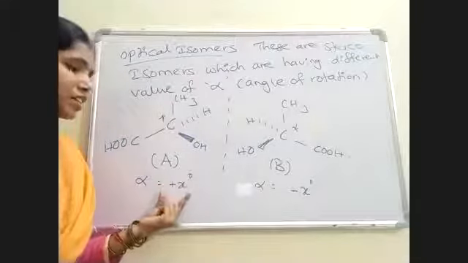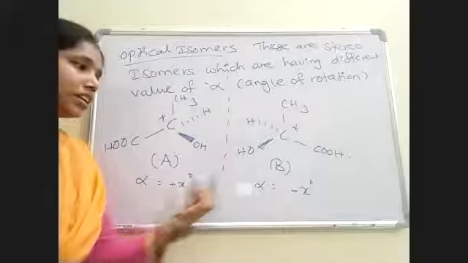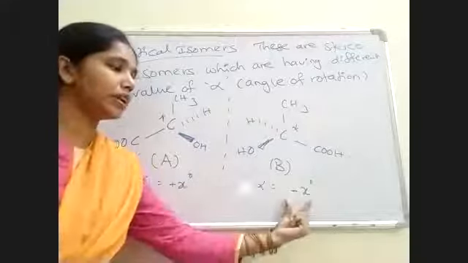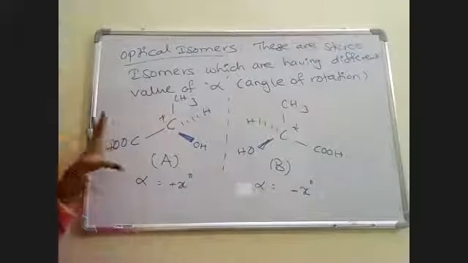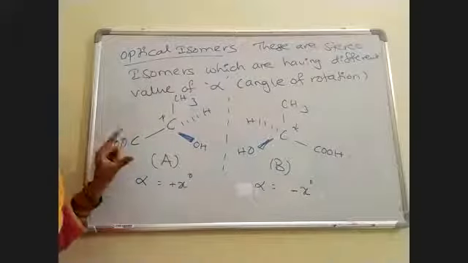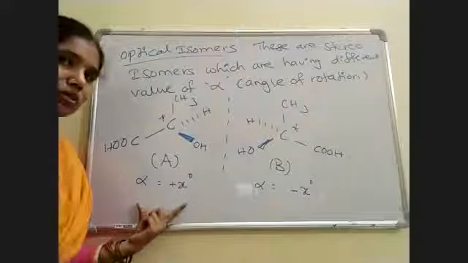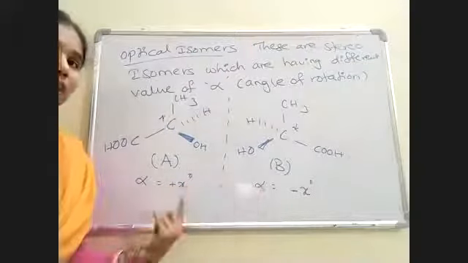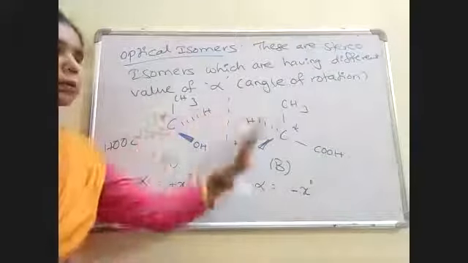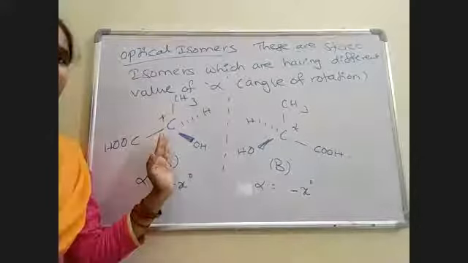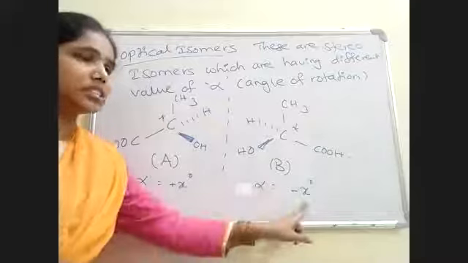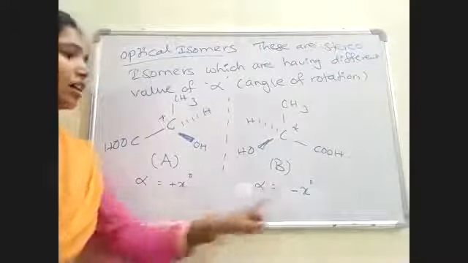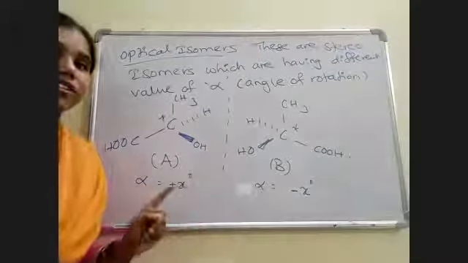Here this one is rotating to the right side, and its mirror image is rotated to the left side. So enantiomers are stereoisomers which are non-superimposable mirror images, and they rotate the plane polarized light to the same extent but in different directions.